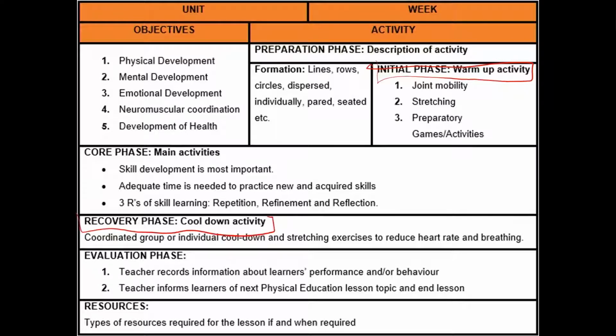So at the beginning of your lesson, you would be doing those activities that are included within your physical education lesson, and then you would complete it with your recovery phase, your cool-down activities, which are coordinated group or individual cool-down and stretch exercises to reduce your heart rate and breathing.